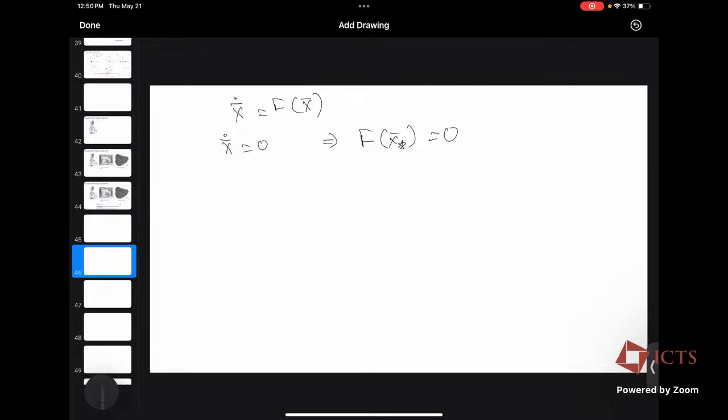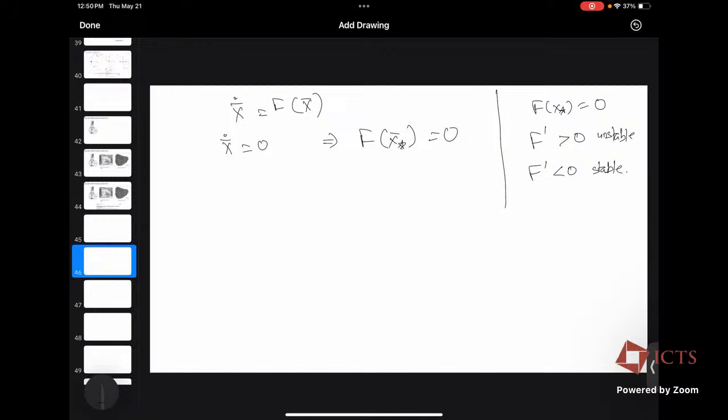In the 1D case, we had the same idea: f of x star equal to 0, and if f prime was greater than 0, we got an unstable fixed point, and if f prime was less than 0, we got a stable fixed point.